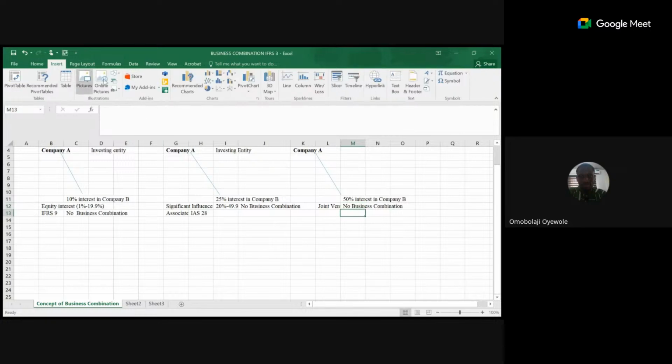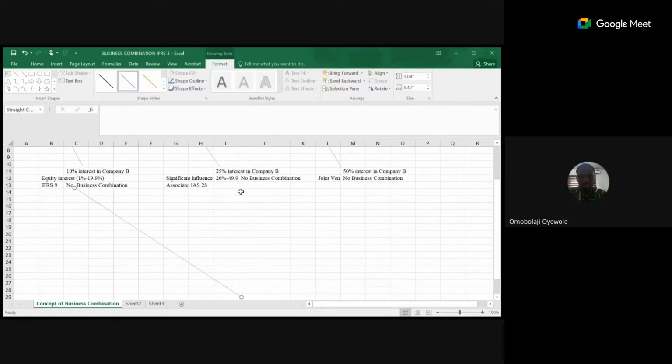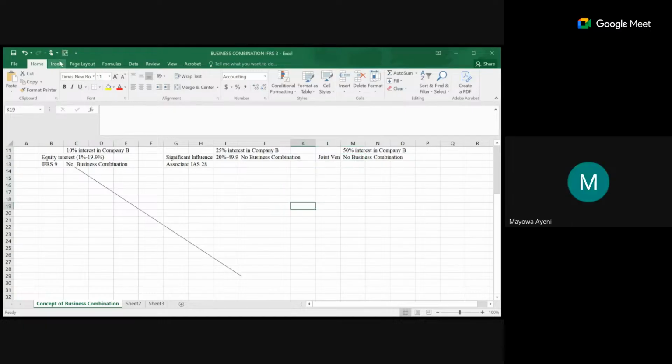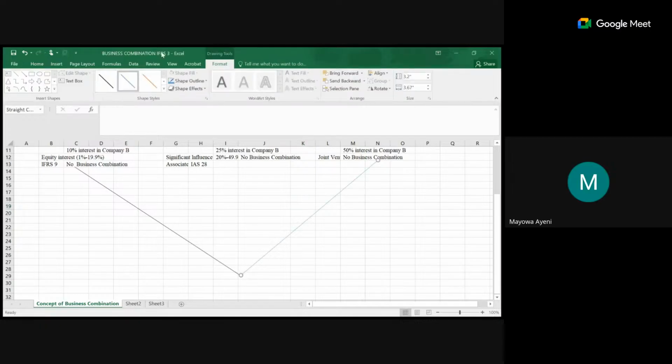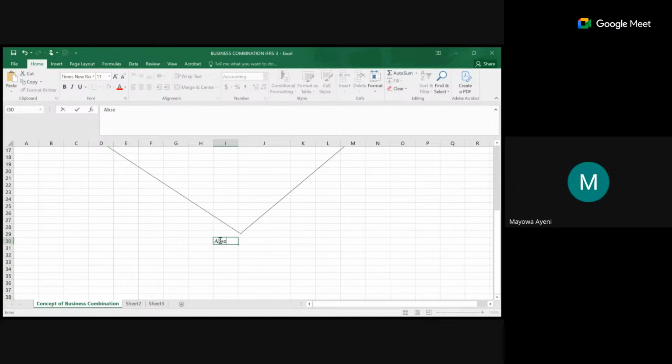Now, the key thing that I want us to note within these three guys is that in these three scenarios we have created here, there is just one factor, and the factor is what? Absence of control.